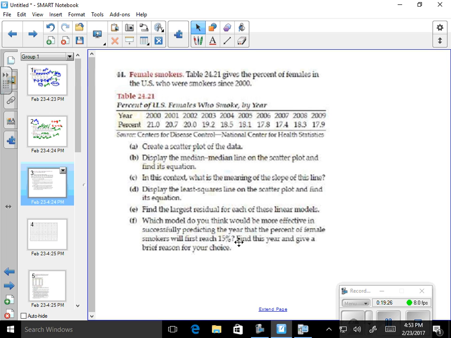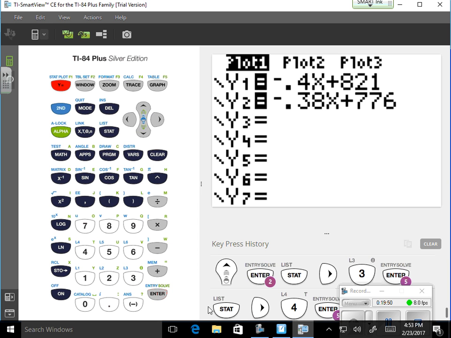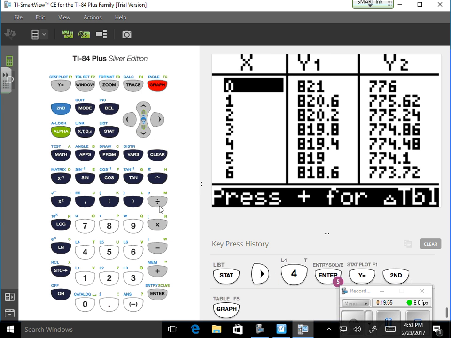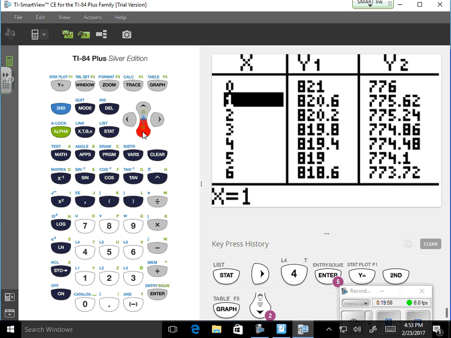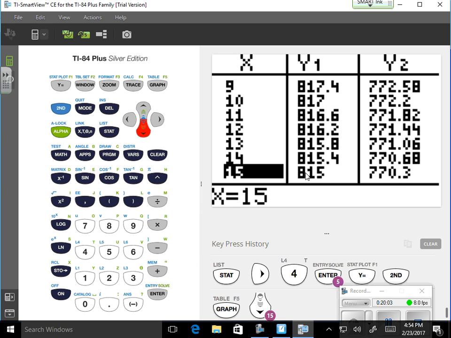Which model do you think would be more effective in successfully predicting the year that the percent of female smokers will first reach 15%? Find that year and give a reason. Well, since the median line looked better, let's use it and figure out when it's going to be 15%. So if we go to Y equals, and Y1 was the one we liked. Arrow down until 15%.